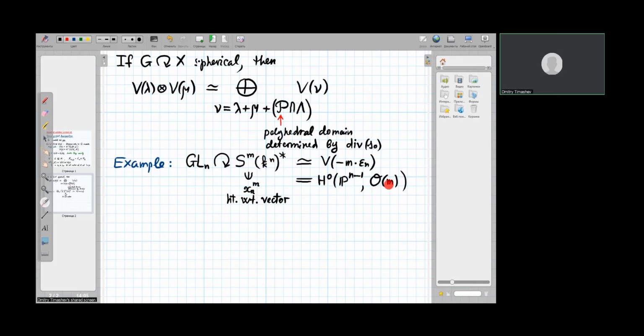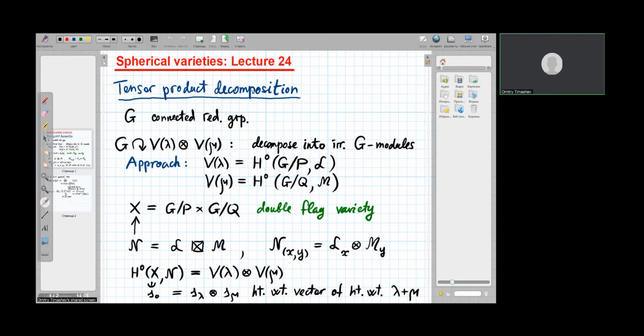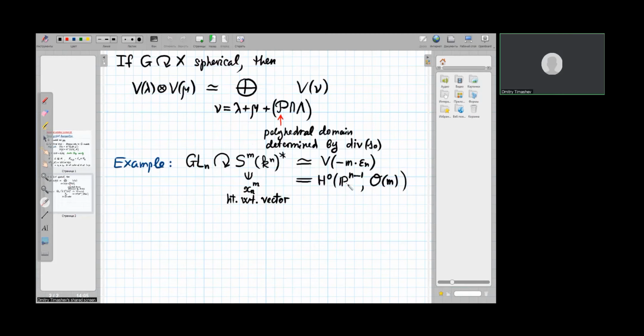So this is the geometric realization, which is a particular case of a realization of this kind, because the projective space is an example of a generalized partial flag variety, an example of a partial flag variety for the group GL_n. Okay, so now we want to decompose a tensor product.